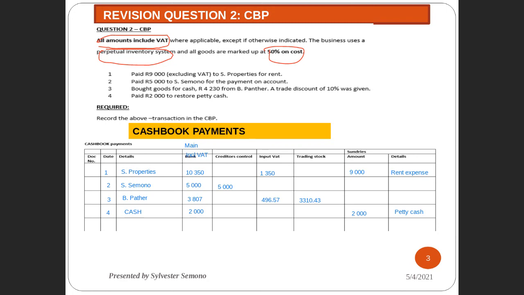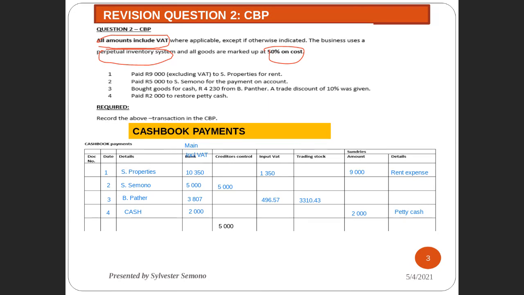Okay, there's no VAT here. Let's find the totals. Please help me with the other totals there. Here I've got 5,000. Here I've got, please help me with the other columns.